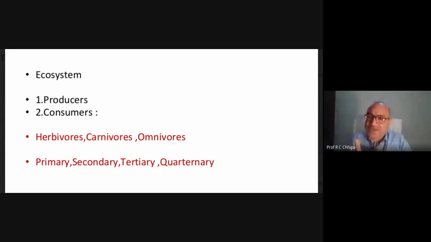So we get wheat, barley and rice in the form of the fruit, and also mango, potato, a number of fruits. This is the answer. So we consume the producers. We need the cereals, pulses, fruits, green vegetables, the plants where photosynthesis happens. Those are the producers.